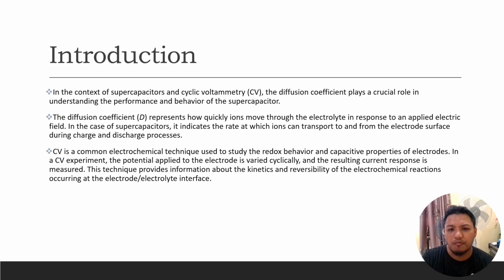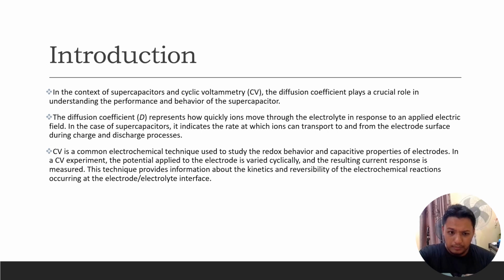We give the potential and measure the current. That's why in a CV, the y-axis is the current response, while the x-axis is the potential versus the standard reference electrode if you are using a 3-electrode system.